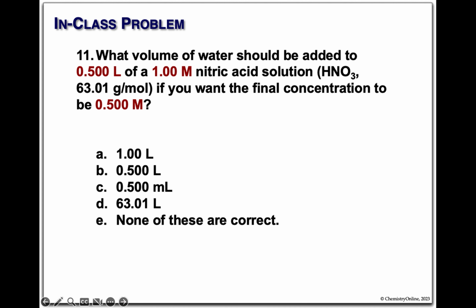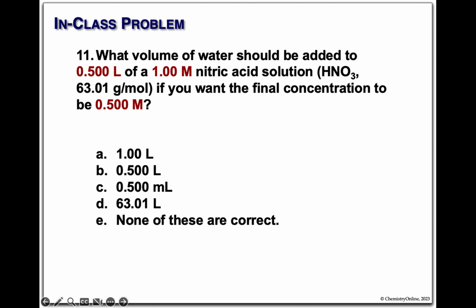Dilution. We have 1 molar nitric acid. Doesn't really matter what it is, but 1 molar nitric acid, 1 mole per liter. We have half a liter of it. We want a final concentration of 0.5 moles per liter.